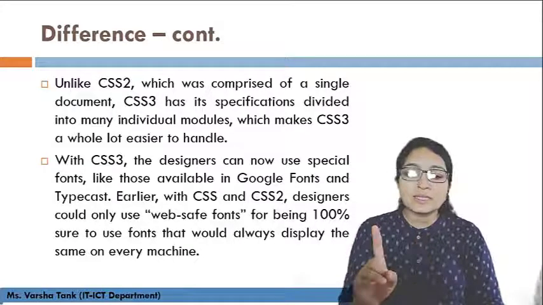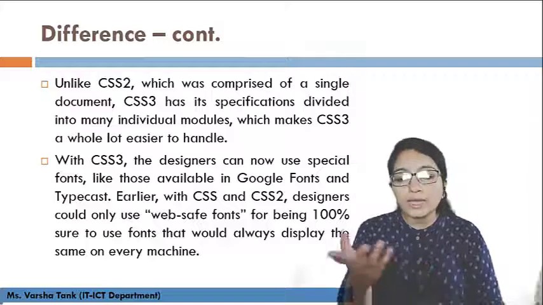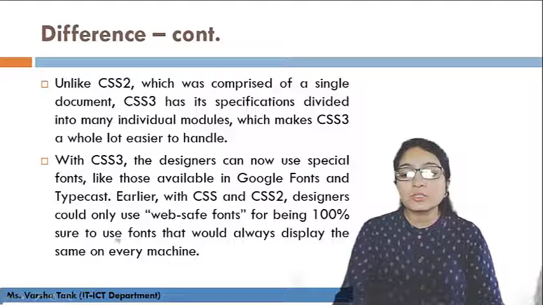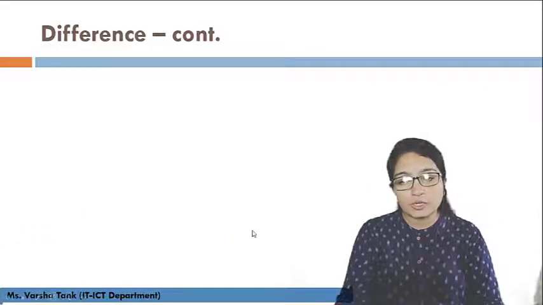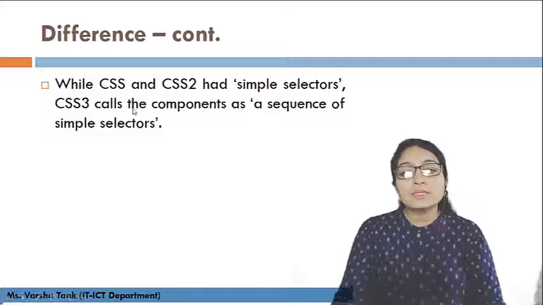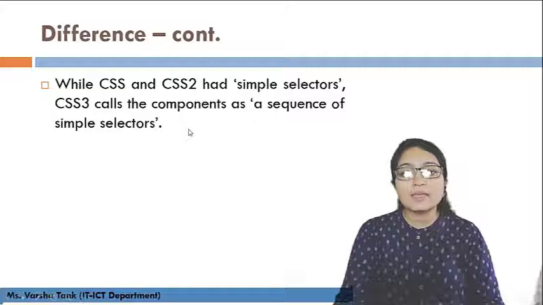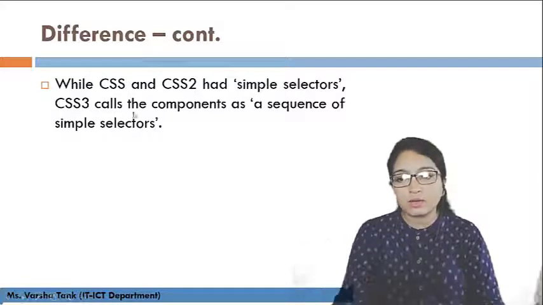Earlier with CSS and CSS2, designers could only use web-safe fonts, to be 100% sure the font would always display the same on every machine. While CSS and CSS2 had simple selectors, CSS3 treats a component as a sequence of simple selectors.